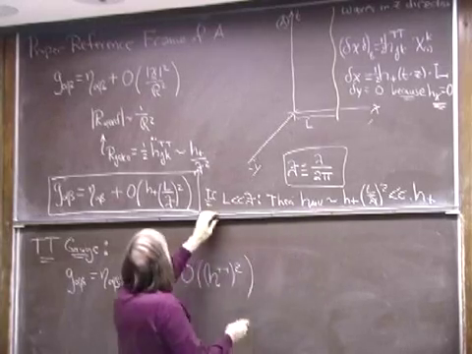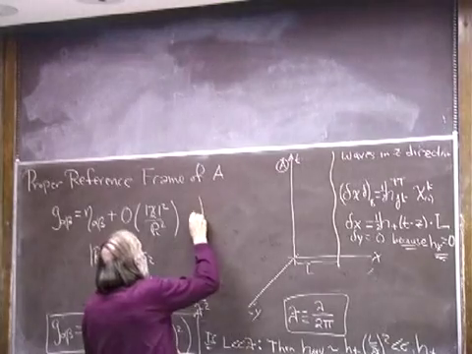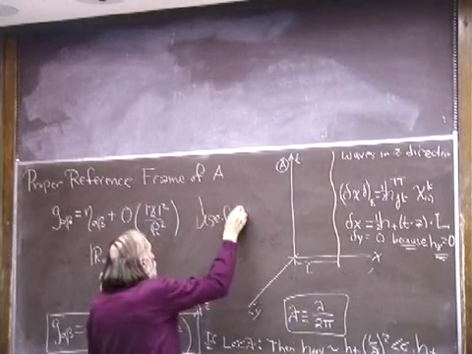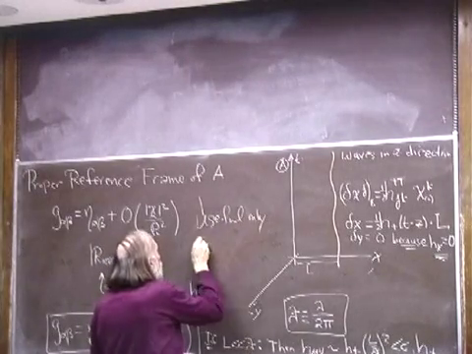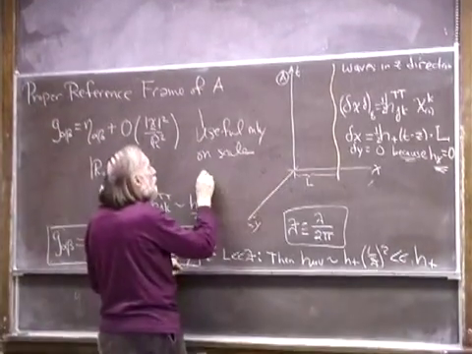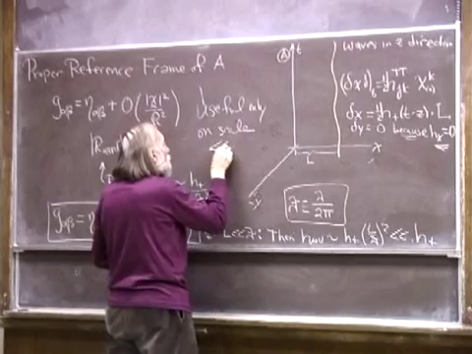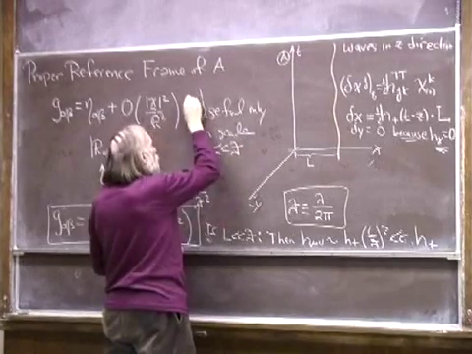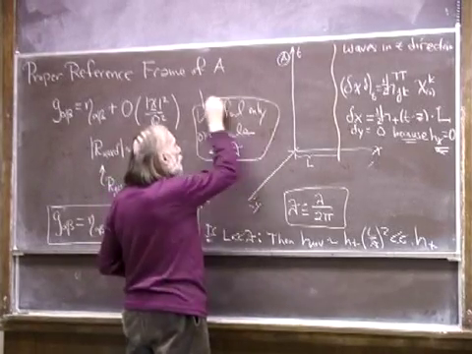So the proper reference frame is useful only on scales around the particle of interest that are small compared to the wavelengths of the gravitational waves divided by 2 pi.